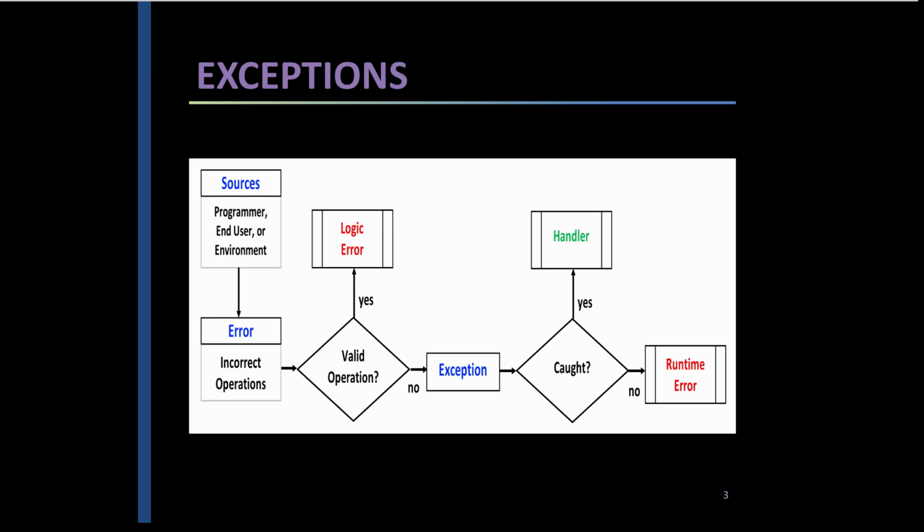It could be the environment. An app could be connecting to a website, but the end user has turned off cellular data, something like that. So typically one of those three would trigger what I'm calling an incorrect operation, an operation that is not intended, all right? That's not part of the algorithm.